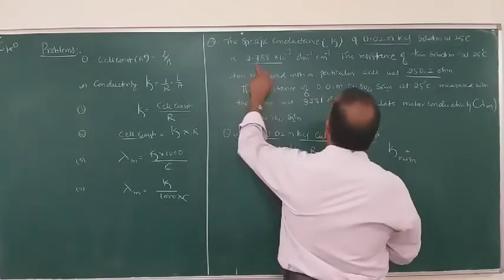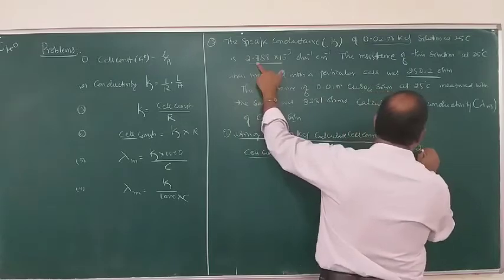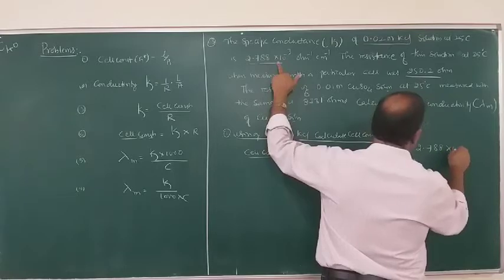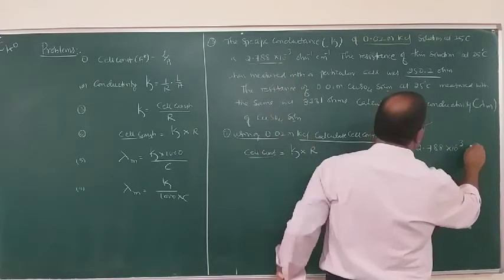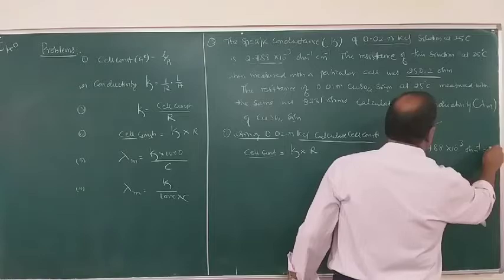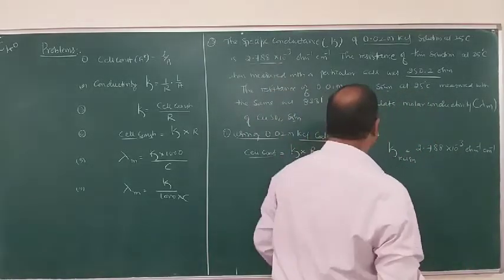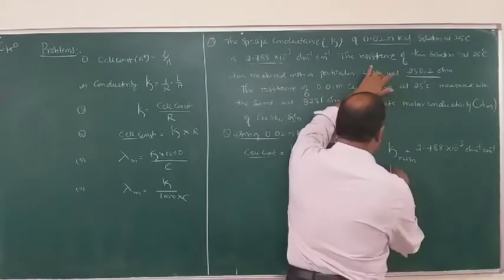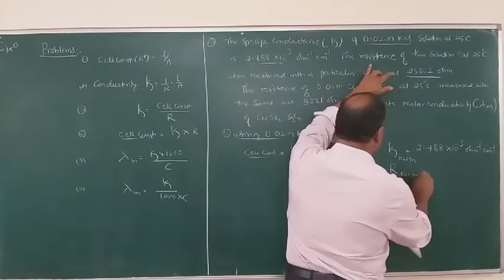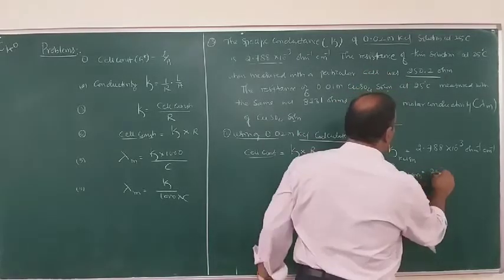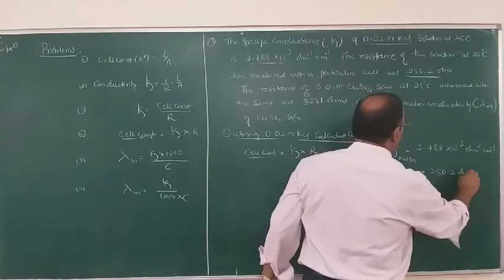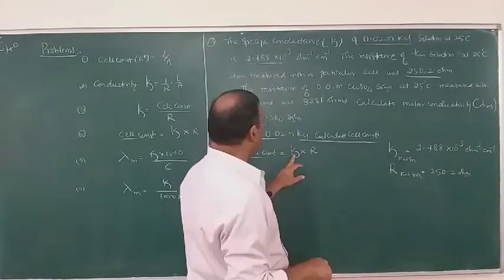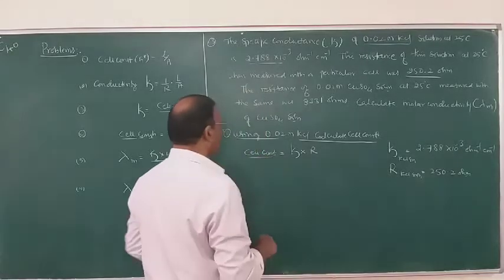It is equal to 2.788 into 10 to the power of minus 3 ohm minus 1 centimeter minus 1. Then what is the resistance of this solution? So resistance of KCl solution is equal to 250.2 ohm. So multiplying specific conductance or conductivity with resistance, you can determine cell constant.